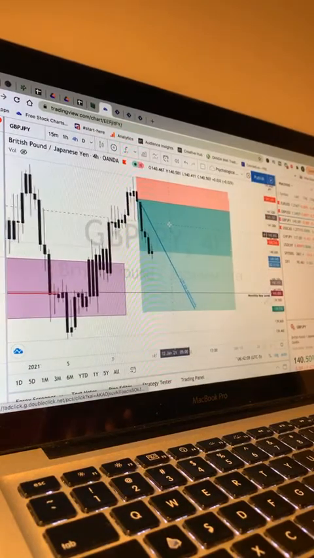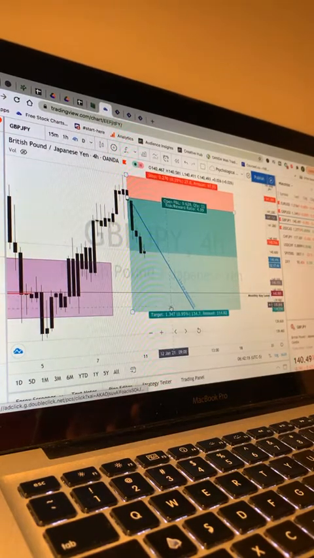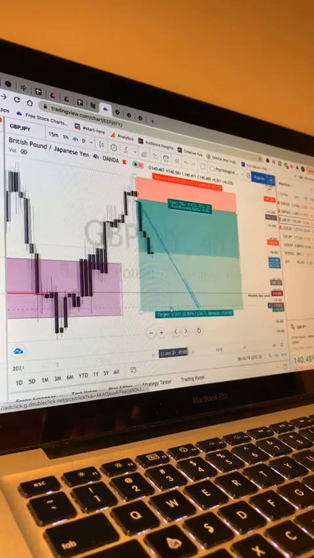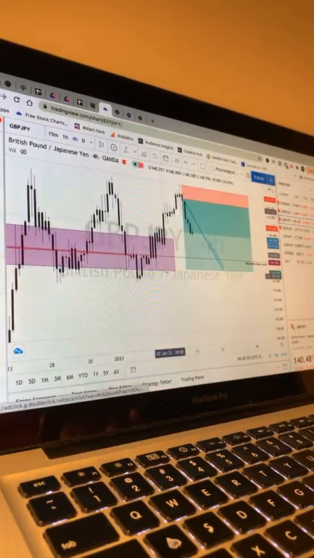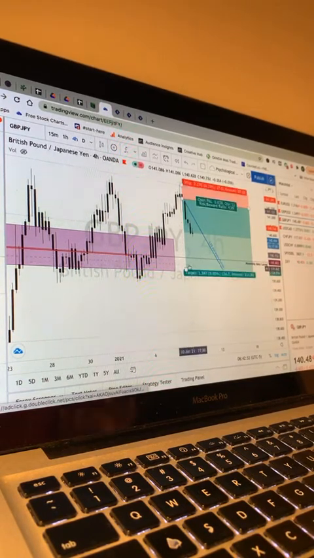But for this week, like I said, with GBPJPY, I'm definitely looking to sell it all the way down to around, let me see here what I have. Oh, that's 139.77, and that's the highest potential for this trade for me.